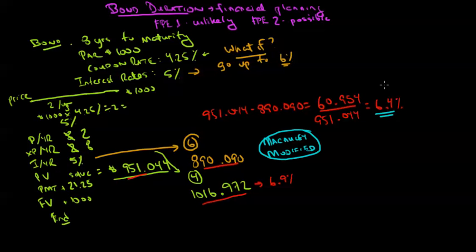We'll use our 6.4%. So what this 6.4% represents, this represents the change in the price of this bond based on a 1% change in interest rates.